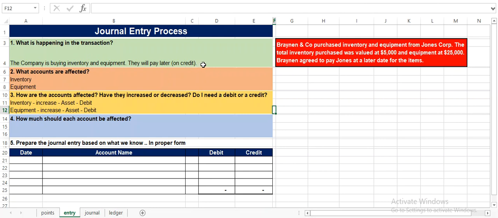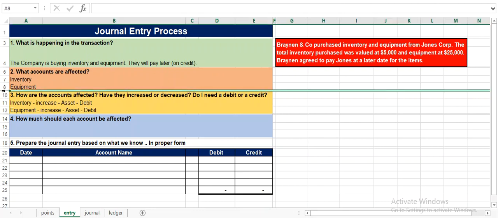Now, whenever you see on credit and we have to pay somebody later, what does that tell us? Ding, ding, ding. It's a liability account that's also affected. A liability is an account or a balance that we have to pay on at a later date, pretty much. And so therefore that means that there's some account that we missed, which is a liability account.